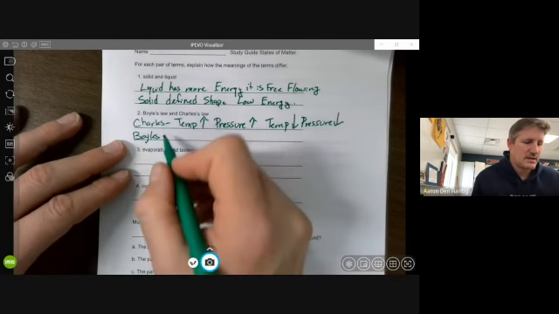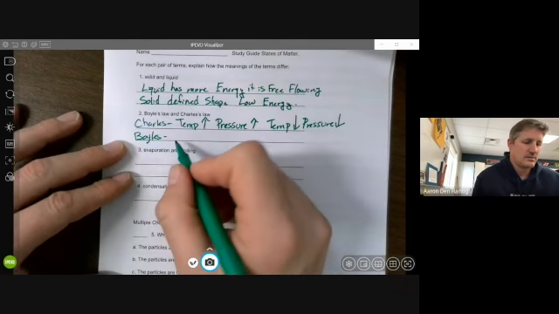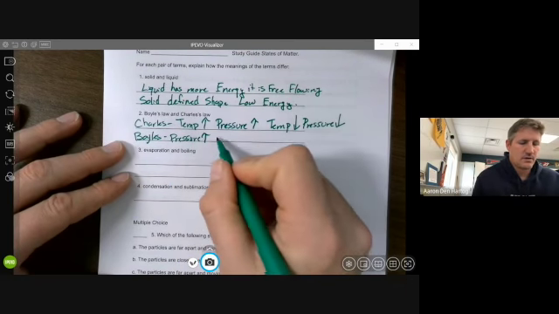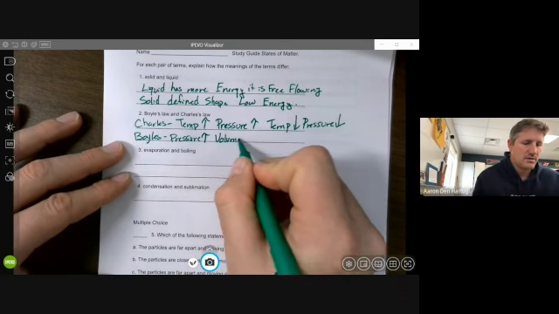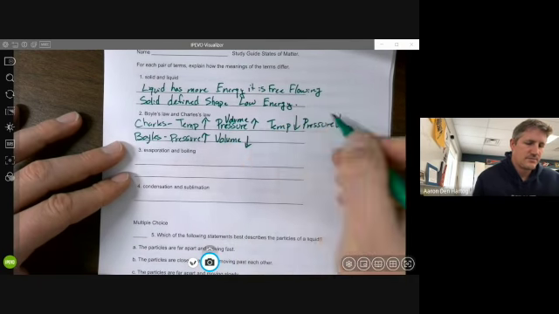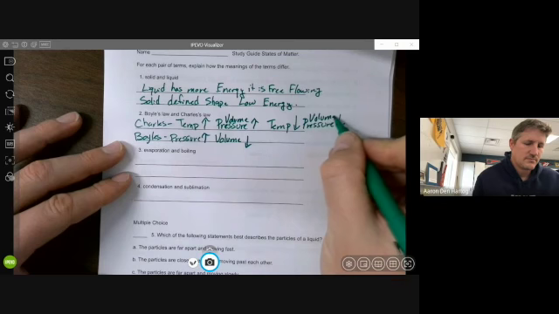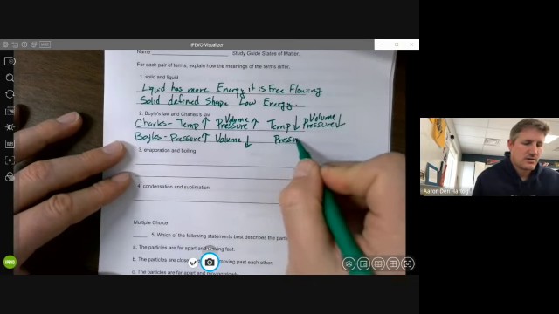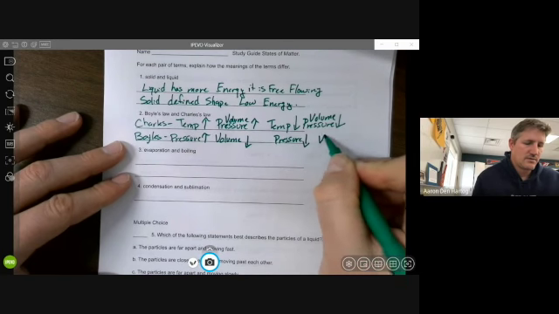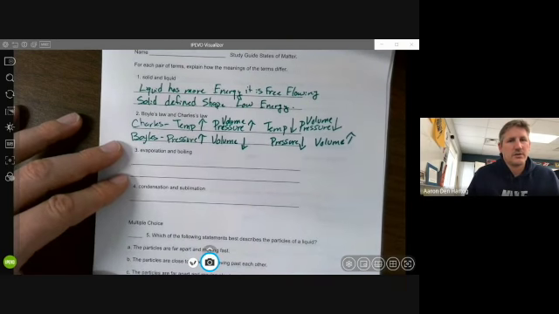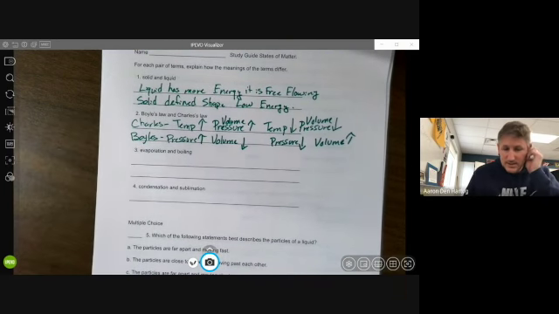Boyle's law, remember we said they're inversely proportional. So when our pressure goes up, our volume goes down. And when our pressure goes down, our volume goes up. This would also be for volume up here for Charles' law. All right, so that is the difference between Charles' law and Boyle's law.